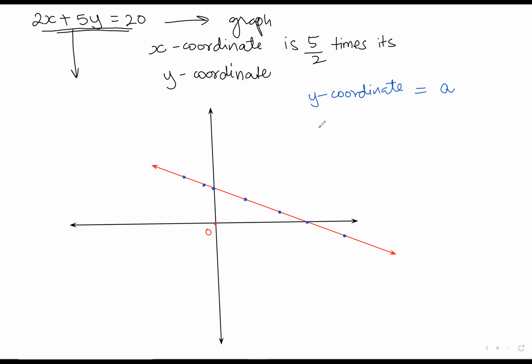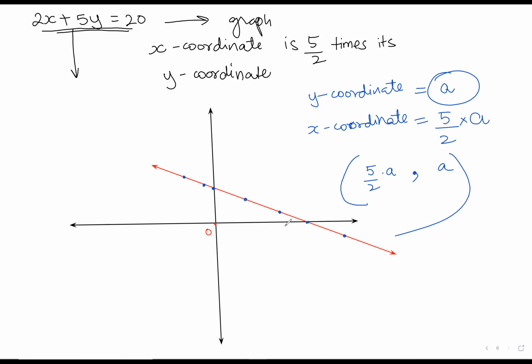So the x coordinate will be 5.5 times the y coordinate, which is a. So 5.5 times a. So that point, whichever it is, will look like 5/2 times a, comma, a.